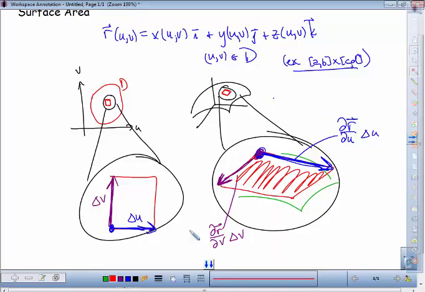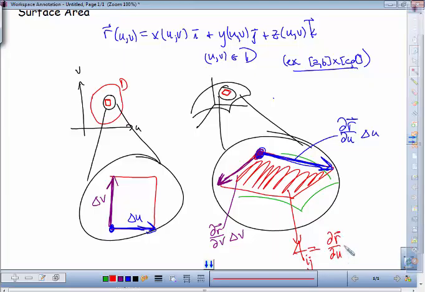But if we cross these two vectors, we know that our result is a vector. So we take the magnitude of that. So the magnitude of the cross product is the area. So the area of this thing, let's call it ij. Area sub ij is equal to the magnitude of the cross product of dr du and dr dv.